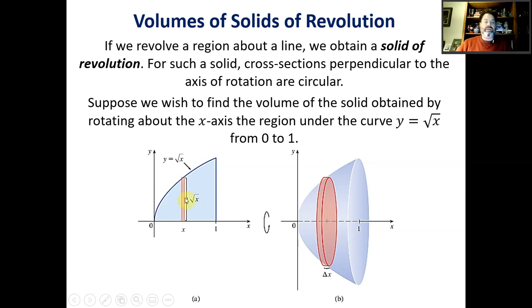So the way we do it is we draw a typical rectangle, as we saw in the previous section. Draw up a typical rectangle, and then when we rotate the rectangle, you can see that rectangles turn into disks when they're rotated. We know how to find the volume of a disk, right?